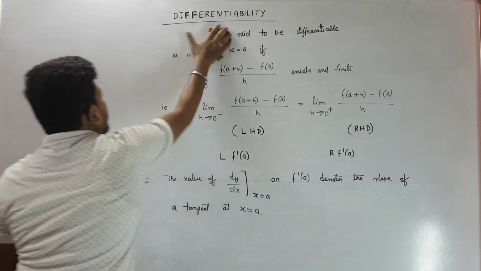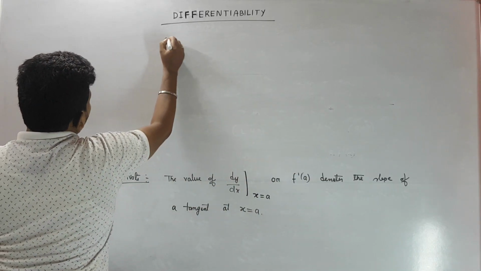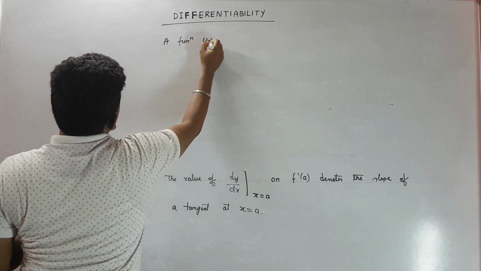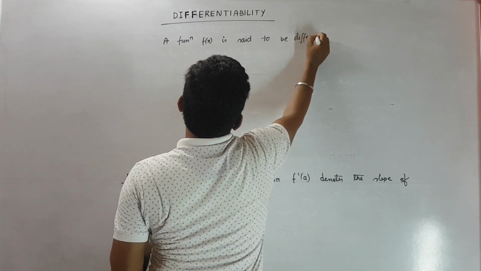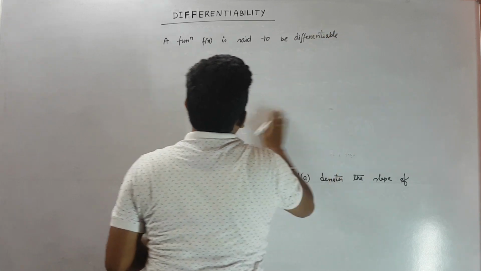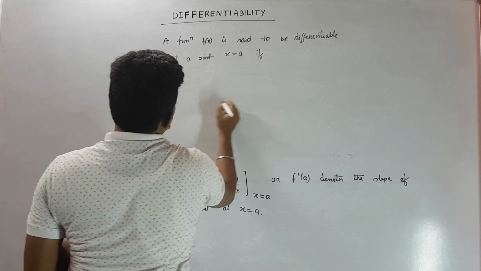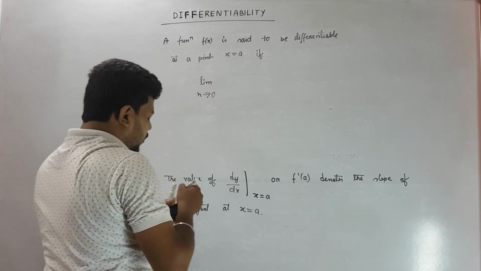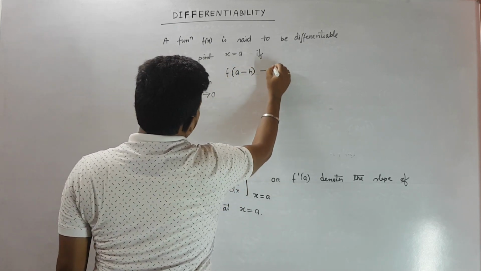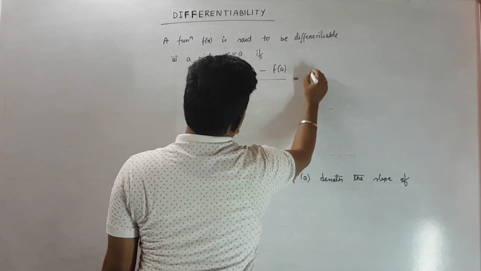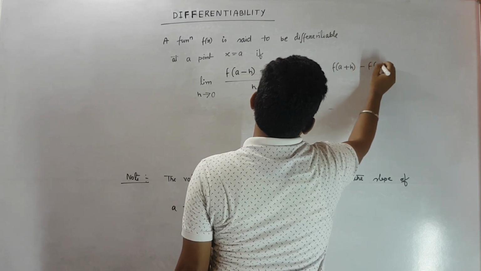In other words, we can say a function f of x is said to be differentiable at a point x equal to a if limit h tends to 0 of f of a minus h minus f of a by h is equal to limit h tends to 0 of f of a plus h minus f of a by h.